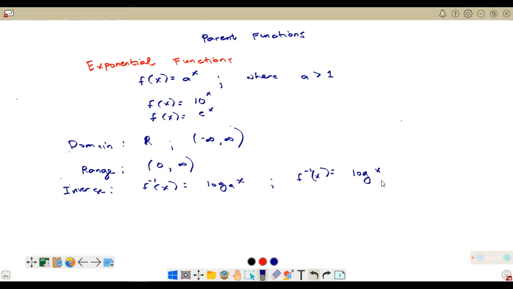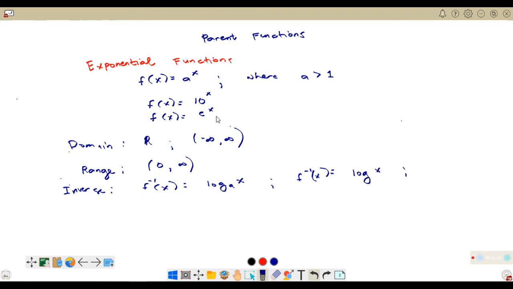So, bakit logarithm of x na lang? Since common logarithm naman siya, if your base is 10, hindi na natin siya sinusulat. But if you want to write here 10, wala namang problema. Pag nagsulat kayo nun sa mga right view na calculator, you will still end up with the same answer.